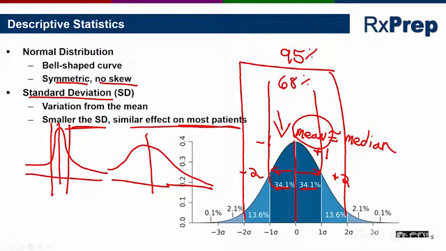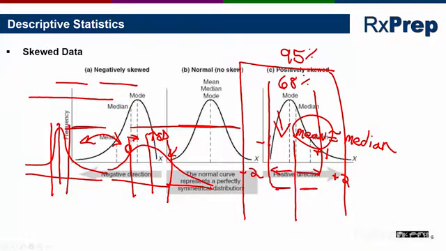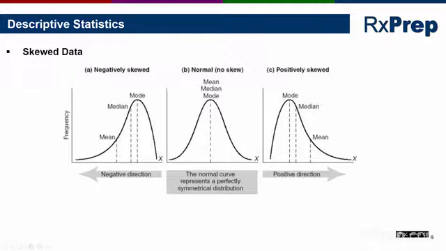So a curve like this compared to a curve like this obviously has a higher standard deviation. Within the 68% of patients, maybe some really didn't experience a great magnitude of effect, while some people really had a significant magnitude of effect from this drug. So the standard deviation tells us what to expect in most patients in that trial. Again, we're just describing the data, so these are called descriptive statistics.